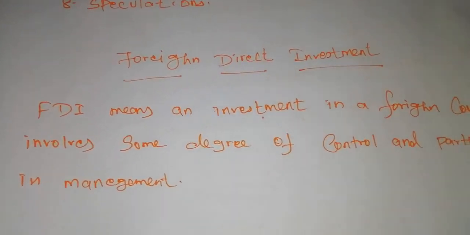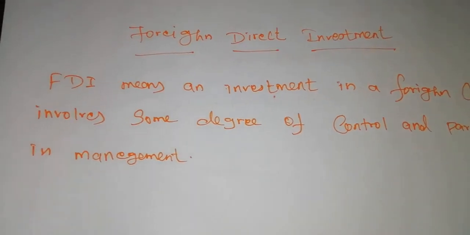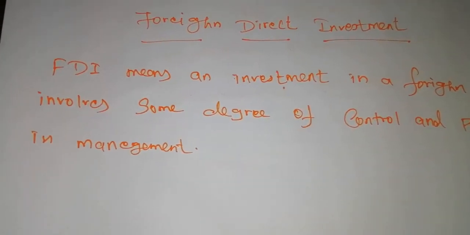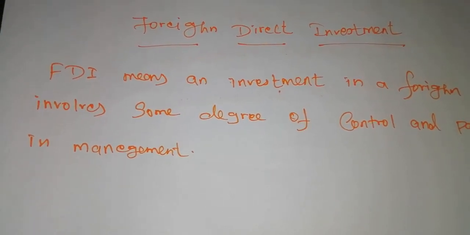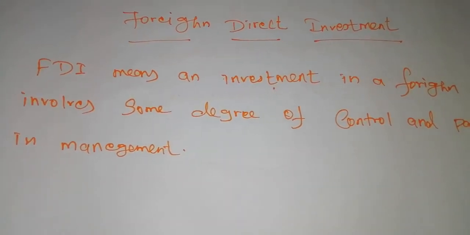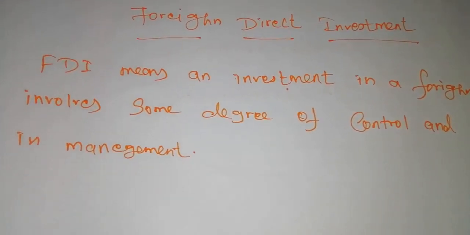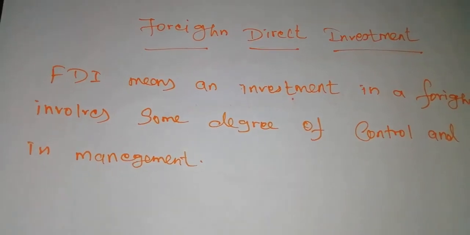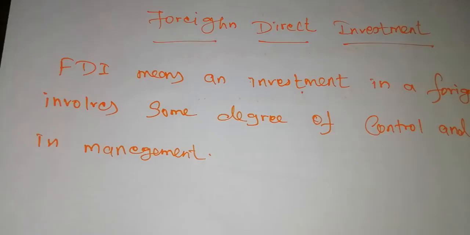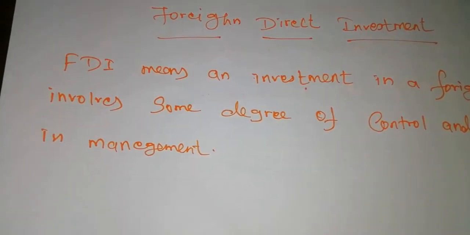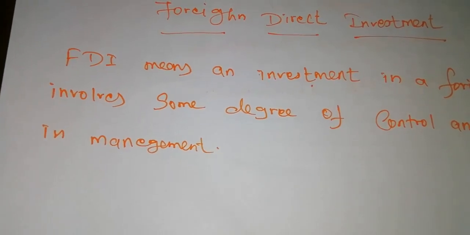If any nation wants to improve its economy, that nation must allow foreign direct investment. Foreign trade and foreign direct investment are closely related, because without foreign direct investment, foreign trade cannot improve or be enhanced. In developing countries like India, foreign direct investment in the natural resources sectors, including plantations, increases trade volume.